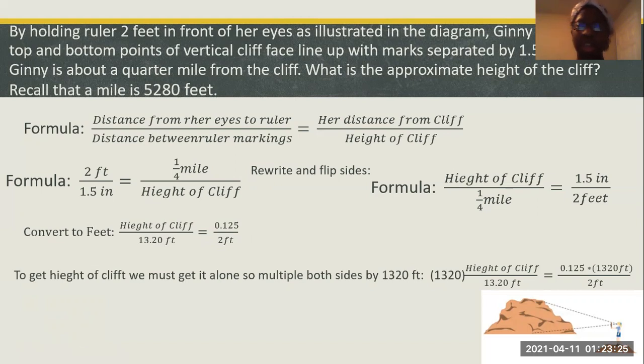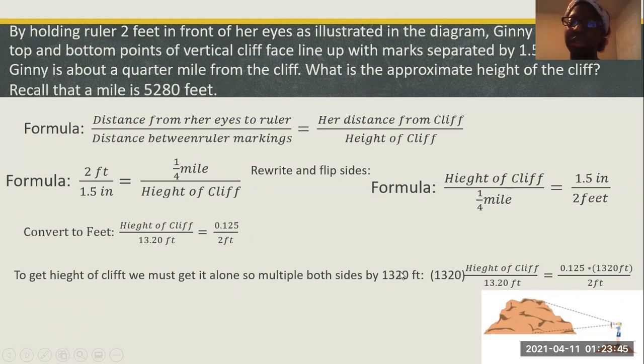Now to get the height, we'll move this up here. To get the height of cliff, we must get height of cliff by itself. So what this means is we're going to have to multiply everything by 1,320 feet. Sorry, I put a decimal, there's not a decimal there.